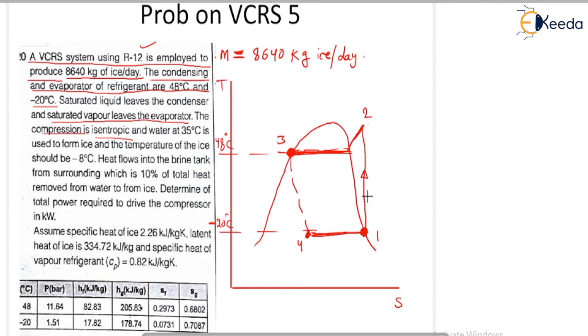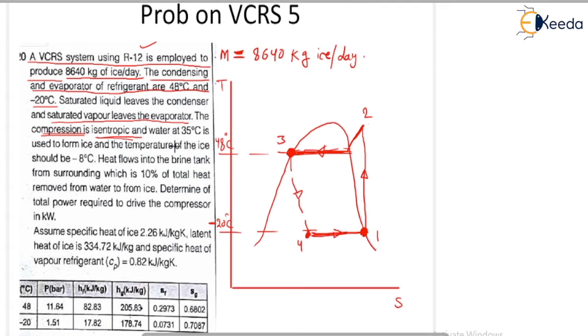From point 1 to 2 is the compressor work, from 2 to 3 is the condenser work, from 3 to 4 is the throttle valve work, and from 4 to 1 is the evaporator work. Here the compression is isentropic.